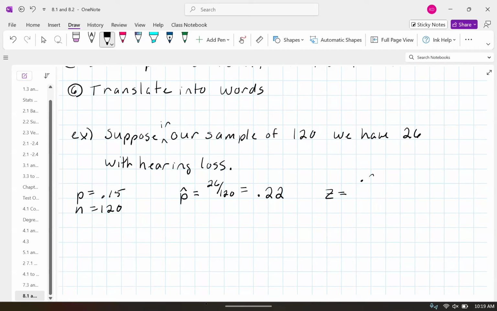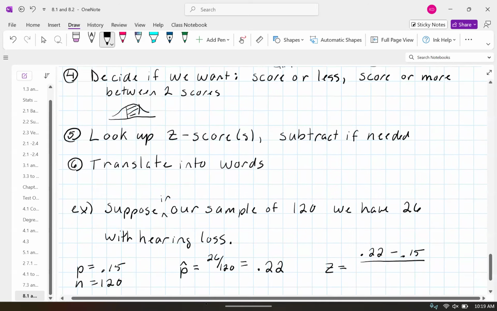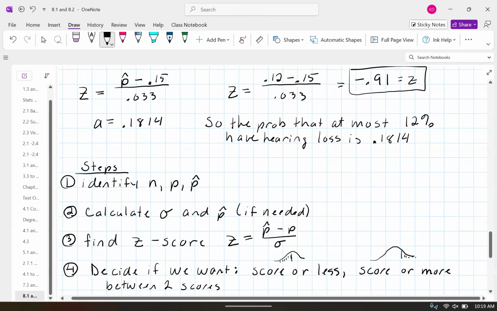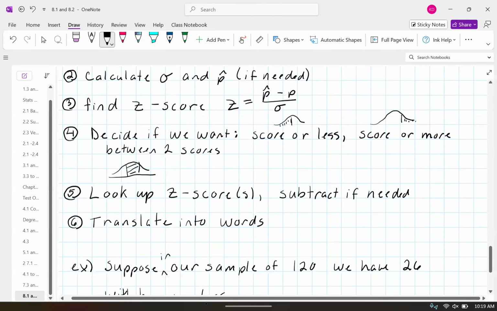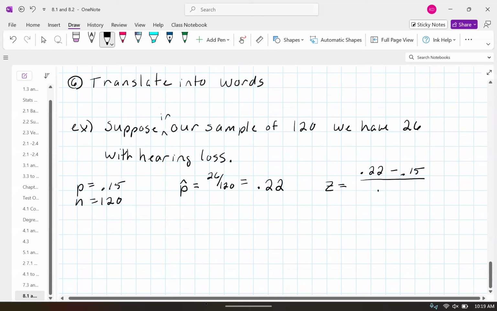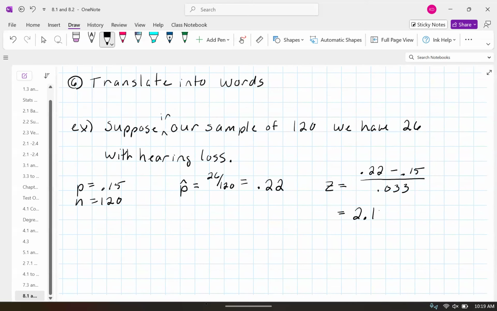We have 0.22 minus 0.15 all over, what was our standard deviation? 0.033. 0.07 divided by 0.033 gives me 2.12.